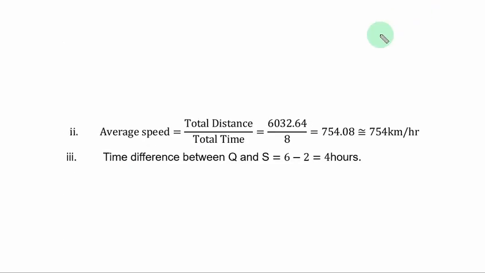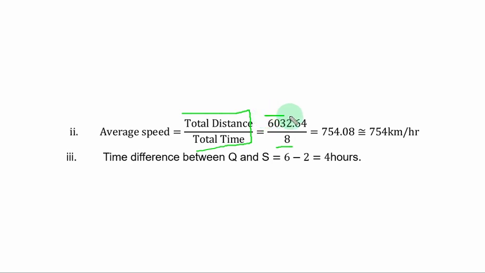Roman figure 2, average speed, that is total distance over total time. The time for the whole journey is 2 hours for the first journey plus 6 hours for the second journey. That is 8 hours.